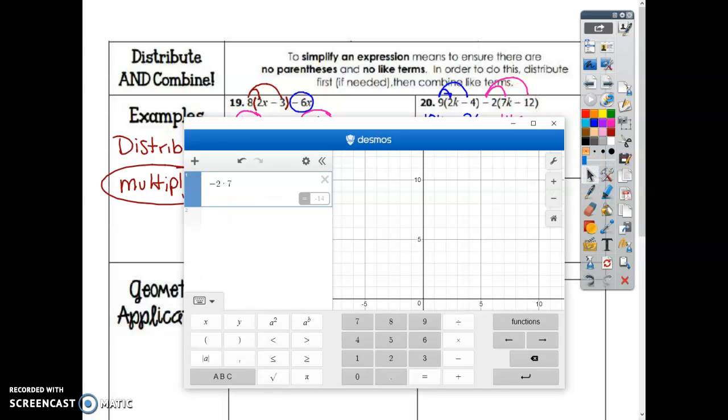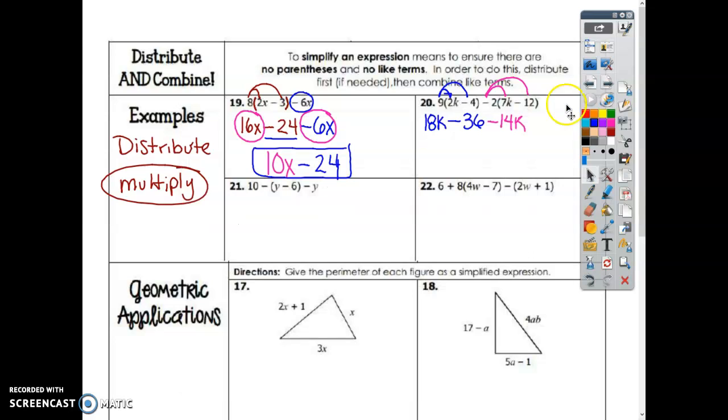Negative 2 times negative 12 is a positive 24. So now I'm going to put plus 24. The sign changed. Okay? And then you are going to combine like terms, the ones that look alike. Okay? So you can pause the video at any time if I'm going too fast.